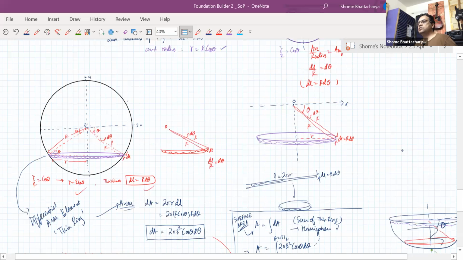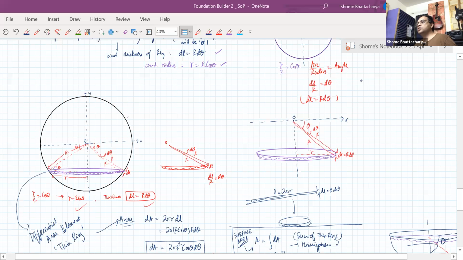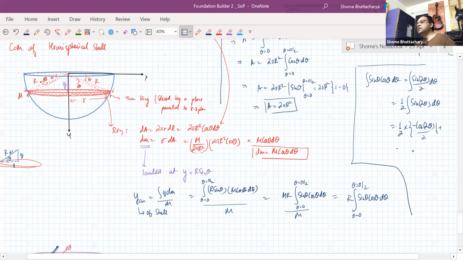So that's one thing we can do. So one way of solving this indefinite integral will be minus 1 by 4 cos 2 theta plus c, and then you put the limits 0 to pi by 2. Another thing we can do on the other hand is that we can put sine theta as z, suppose, substitution.